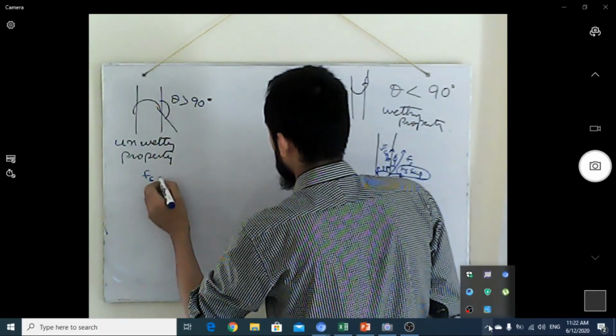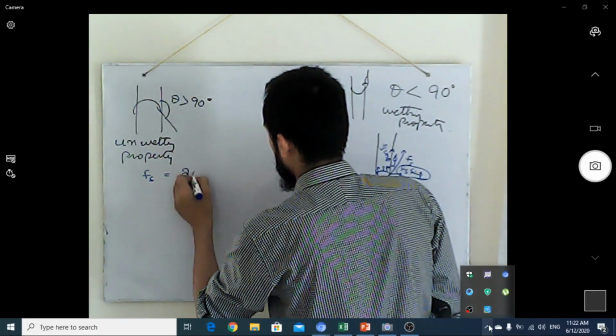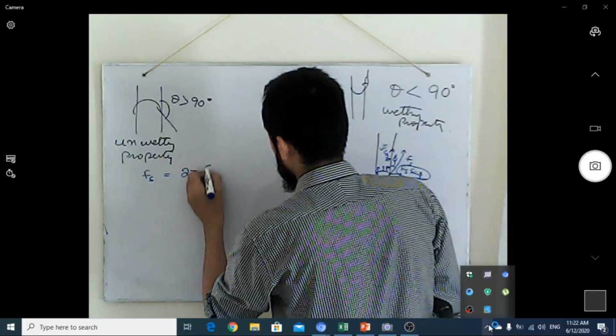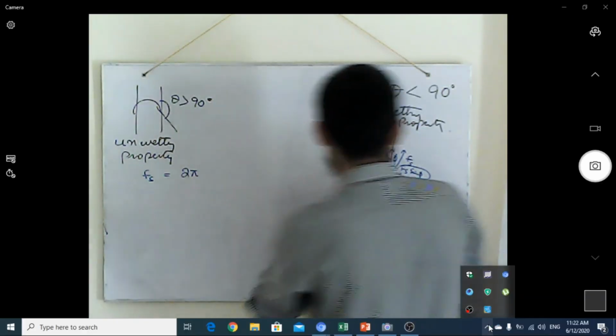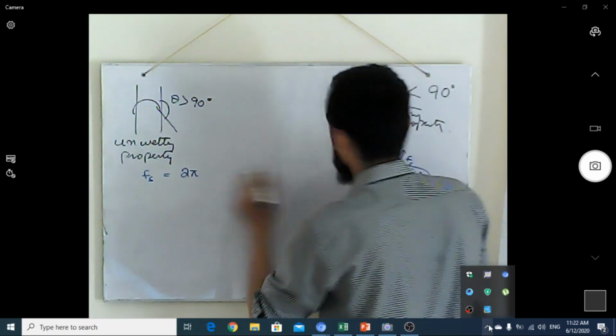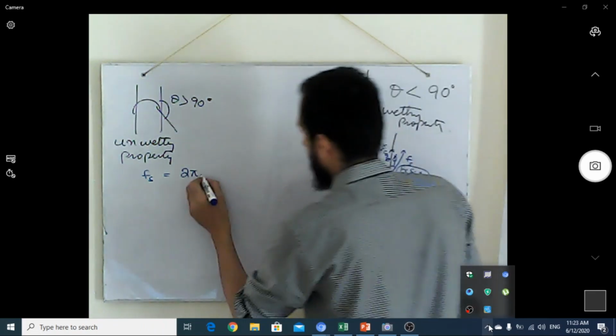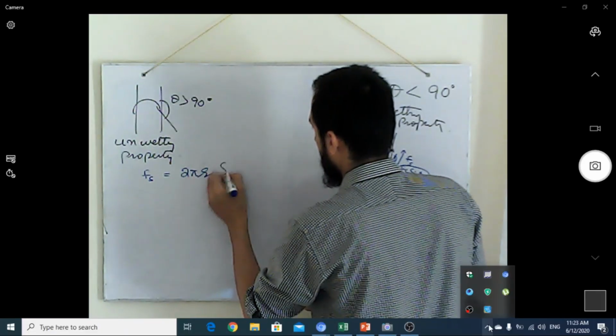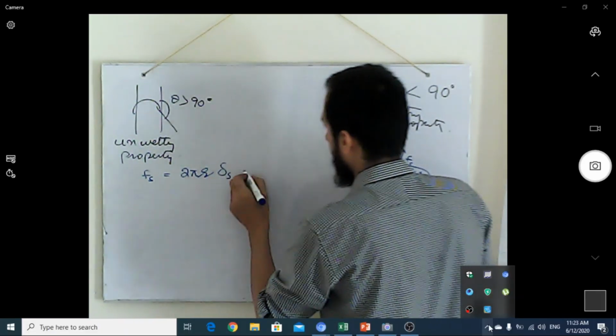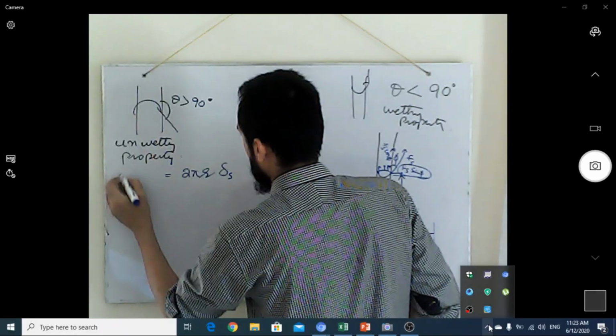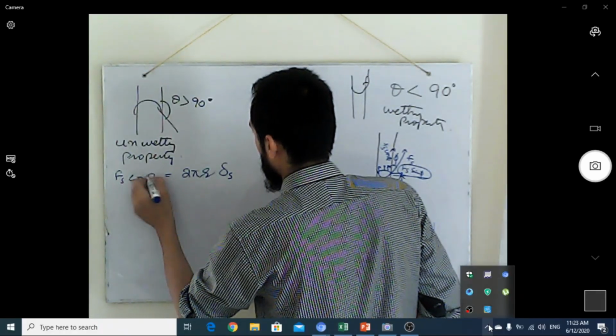So we can say that Fs will be equal to 2 pi r, and it is acting along the radius, along the circumference, surface tension and cos theta.